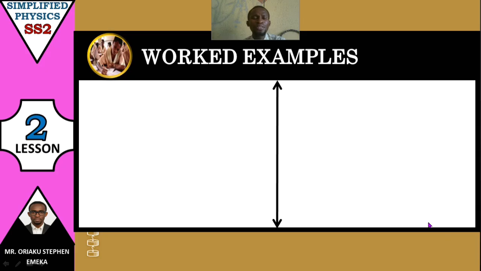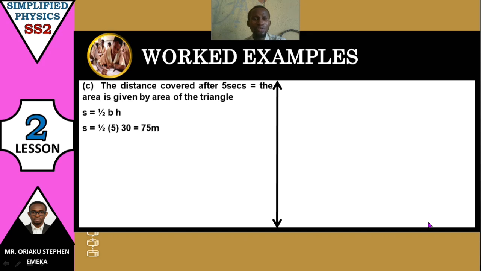For us to find the distance it has covered after 5 seconds, it will be the area under the graph, and that is going to give us the area of the triangle. And the area of a triangle is half times base times height. So the base is the time axis, while the height is the velocity. So that is going to be half times 5 times 30, which is going to give us 75 meters.